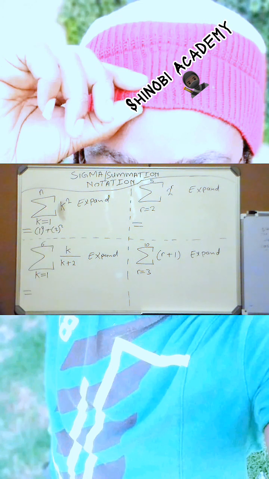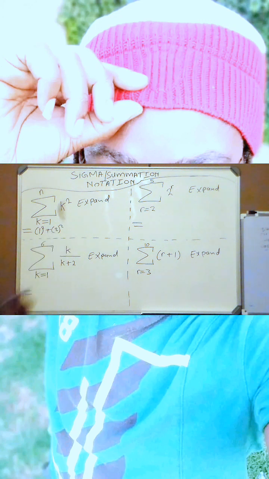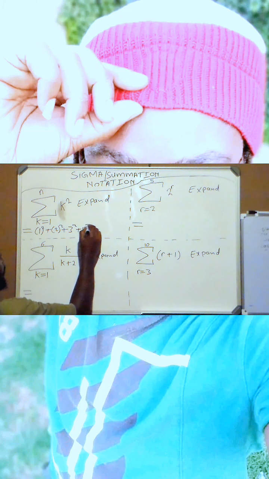The first one has an expression of K squared to its right, and it has a lower bound of 1. So which means we're going to substitute the index by 1, and then we're going to increase by 1 until we get to the nth term, right? So we will substitute 1. This would be 1 squared plus, because it's a summation, 2 squared plus 3 squared plus 4 squared.